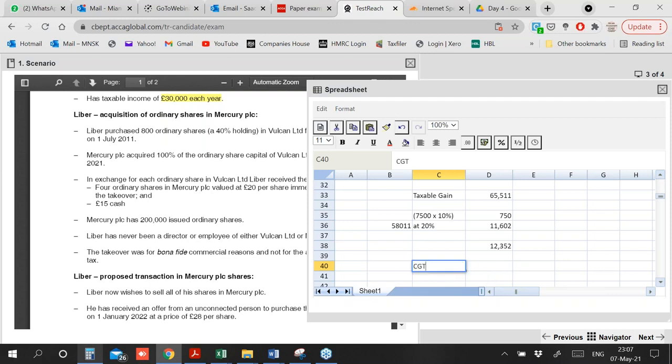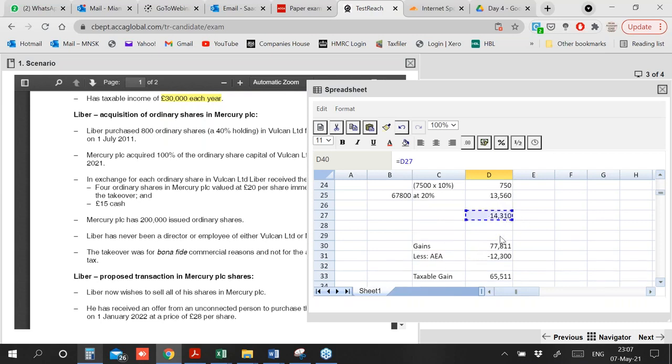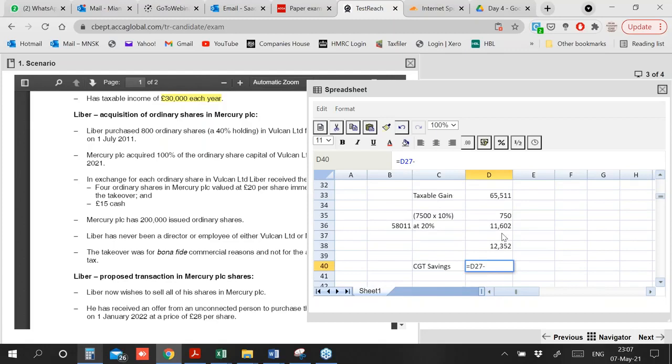So the CGT savings will be this minus this, I select that one first because it was higher last year. 1,958 is the amount of CGT that she will be able to save if she decides to delay.